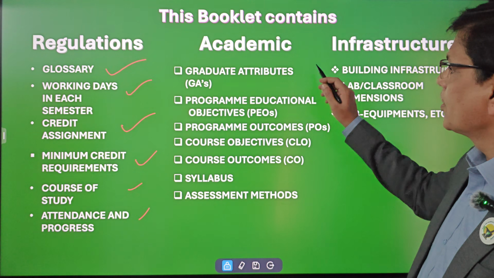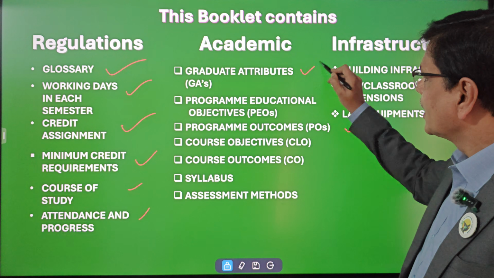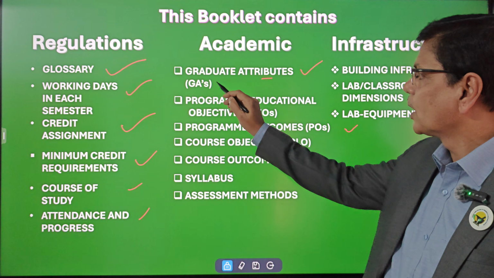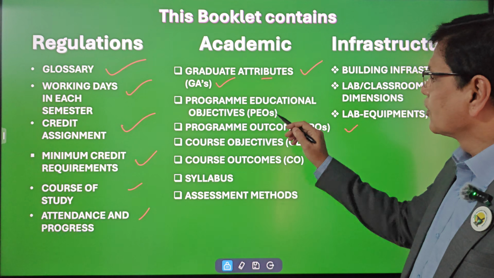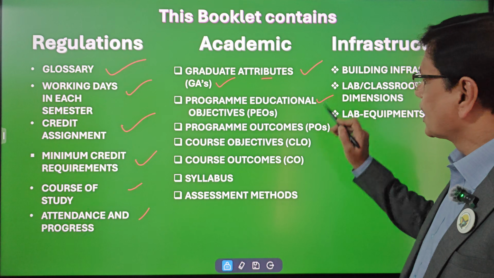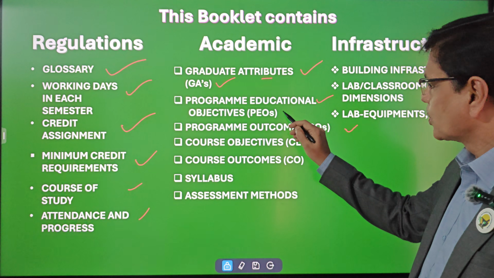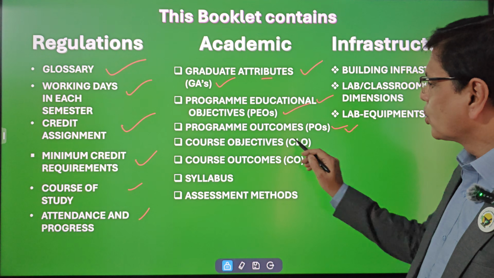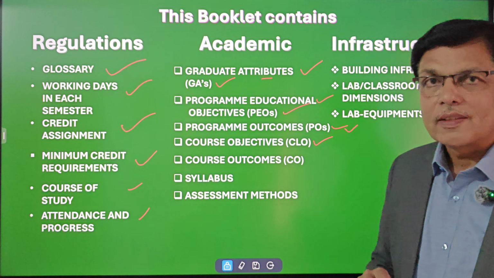system. In the academic part, it has clearly defined and set graduate attributes, which we call GAs, and it has also set program educational objectives, program outcomes and course objectives. Course here is a subject.